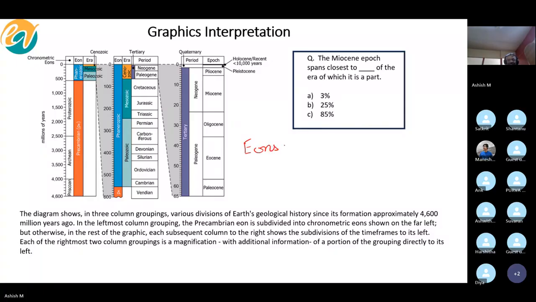Eras. Agreed? And each era is divided into, where do we get that information? The middle one, correct? Periods. Okay. And each period is divided into epochs. How do we get that information? The rightmost graphic. Correct? All right.